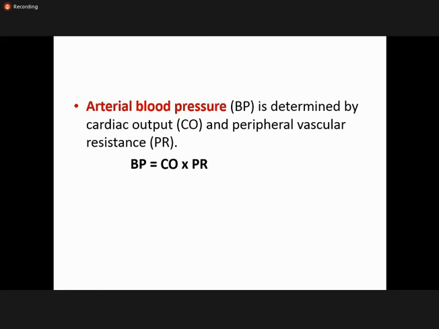It will increase the peripheral vascular resistance, and that will ultimately increase the blood pressure. Because when there is increased peripheral vascular resistance, it will increase the venous return, and this increased venous return ultimately increases the cardiac output, and increased cardiac output is responsible for increasing the blood pressure.